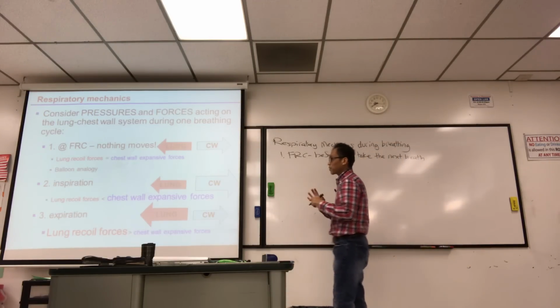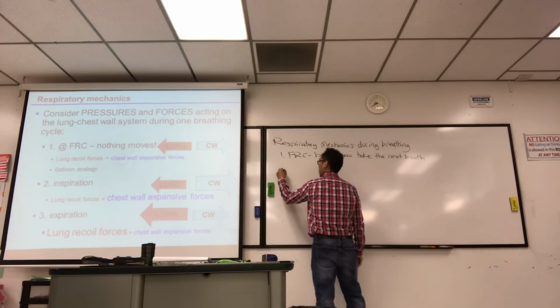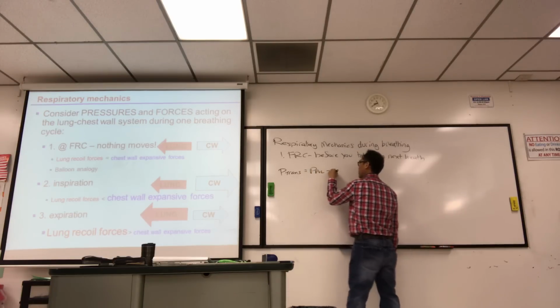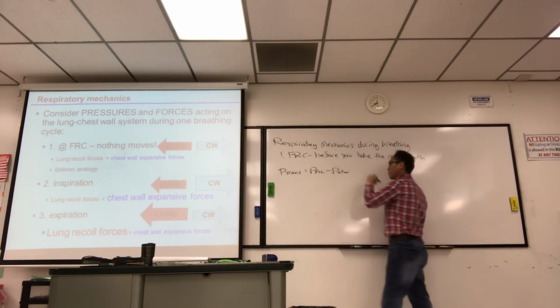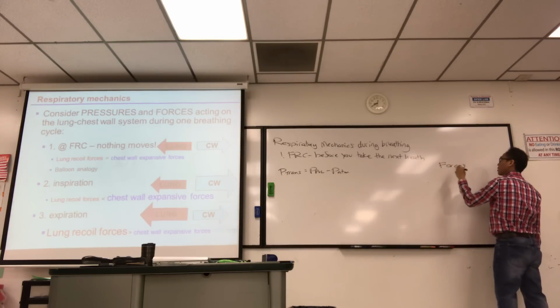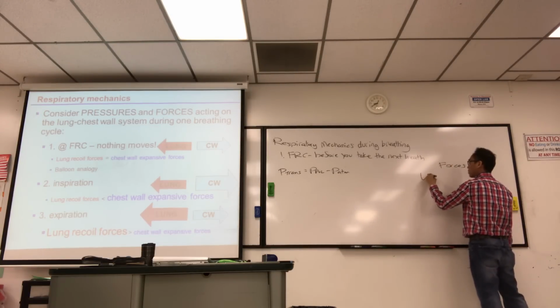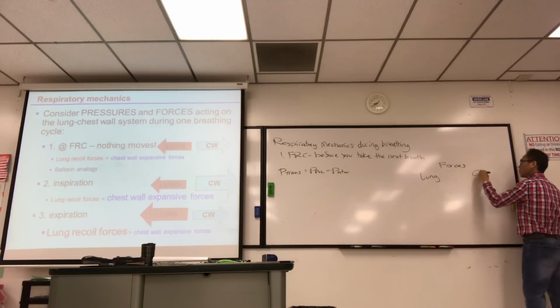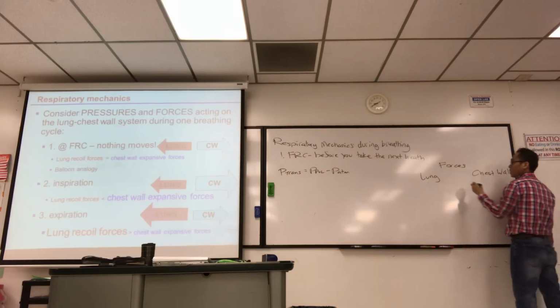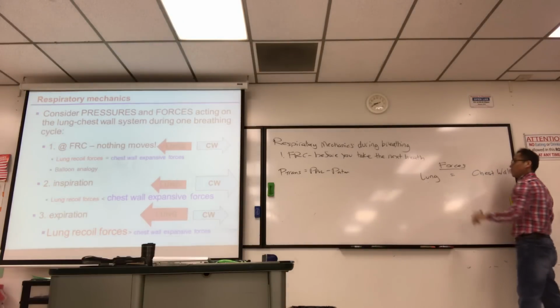You need to consider the transmural pressure, P-pull minus pressure of the atmosphere, and you have to consider forces: lung, chest wall. Forces are equal at FRC.